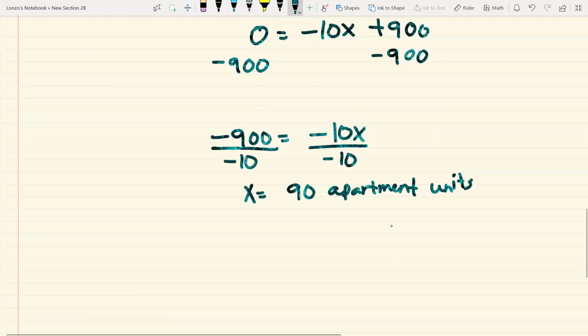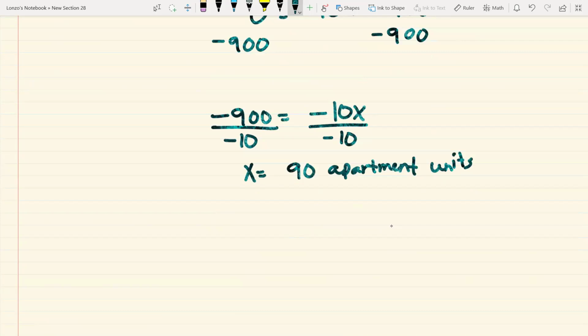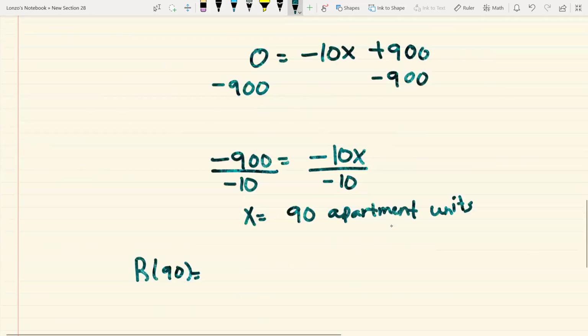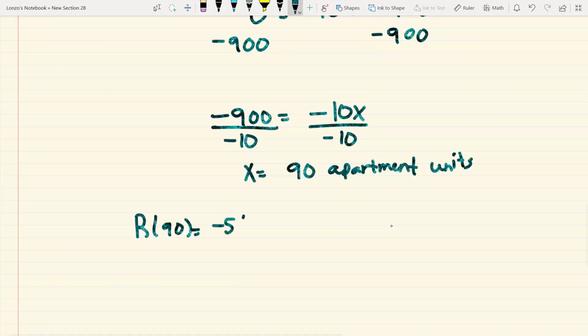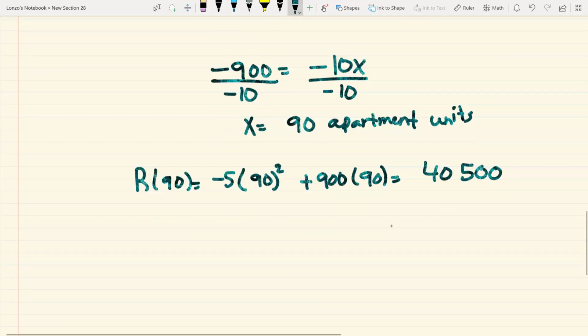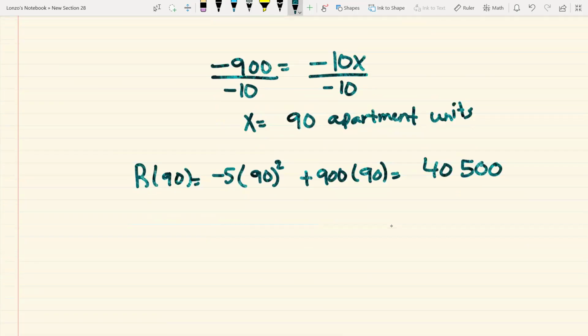Now let's find the maximum revenue. You just plug 90 into your revenue function. So this should be your largest amount. Let's just double check. What if we rented out all 100 apartments?